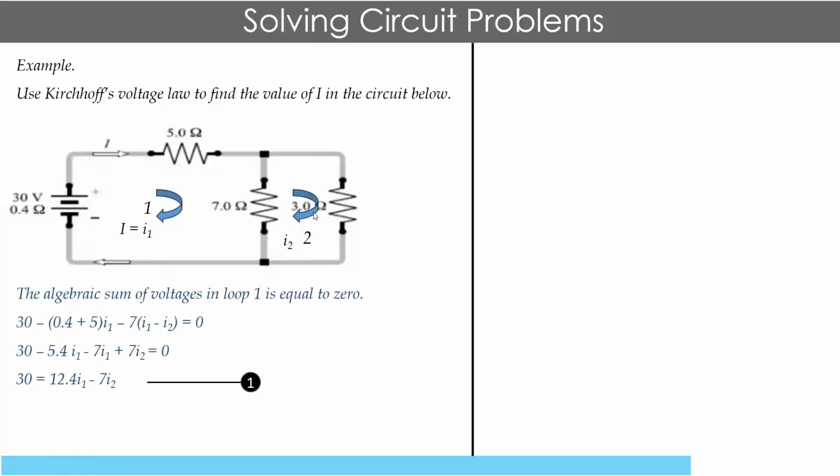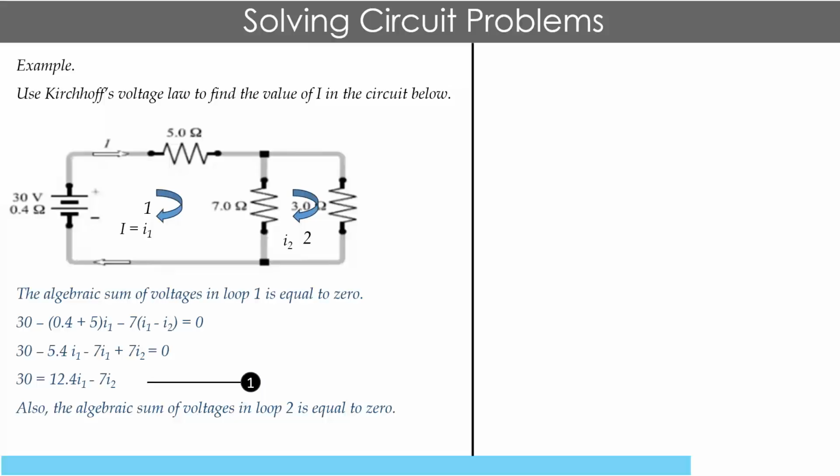So the sum of voltages in loop 2 is equal to 0, meaning that if we take the sum of voltage drop across these resistors in loop 2, it will be equal to 0. That's the algebraic sum of the voltages across the resistors in loop 2 will give us 0.